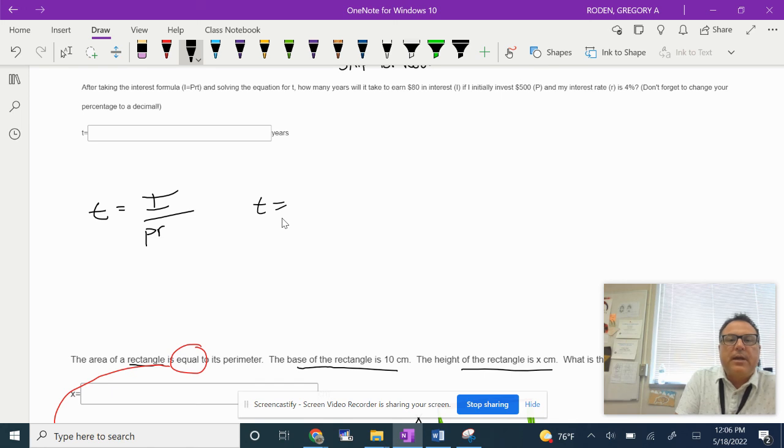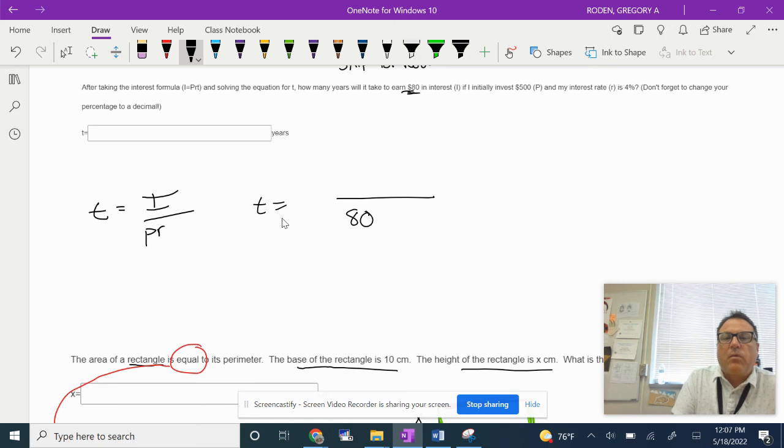Okay, so I have t equals, now they tell me that I equals, let's see here, how many years will it take to earn $80? So interest equals principal times the rate times the time. So we want to know t. For P, that's our principal, $80.